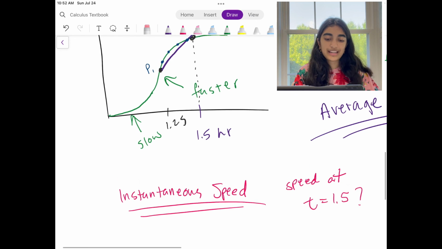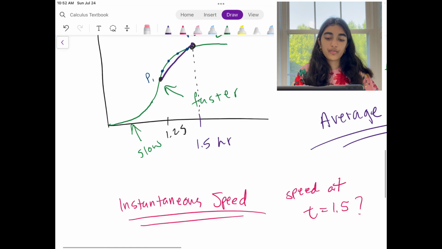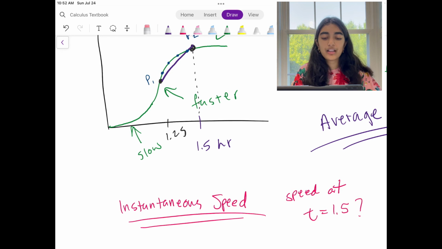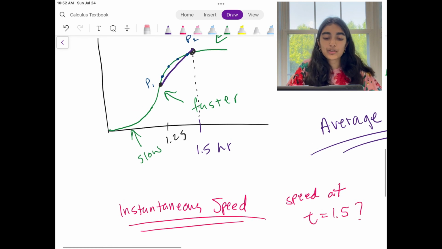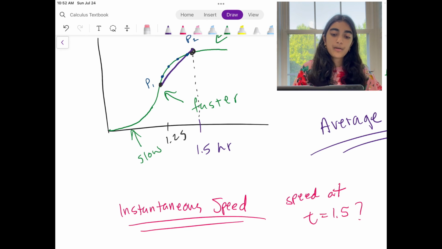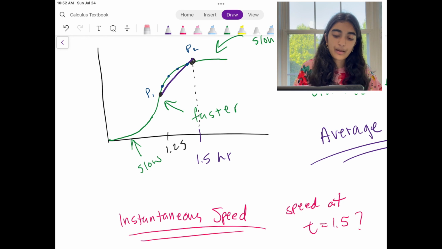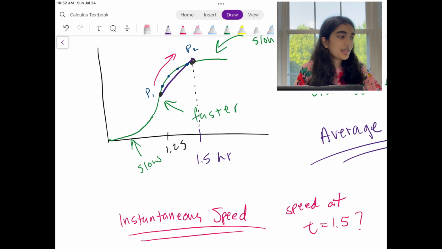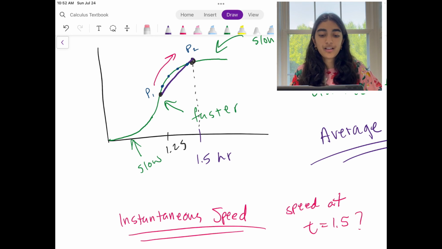The value that we get, the value of the slope, or the value of literally anything as we approach something and get really, really close to that particular thing, we call that the limit. We'll get into a more rigorous definition in the next video. But the main idea is that we get P1 as close as we possibly can to P2, and then the value of the slope gets closer and closer to the instantaneous speed.